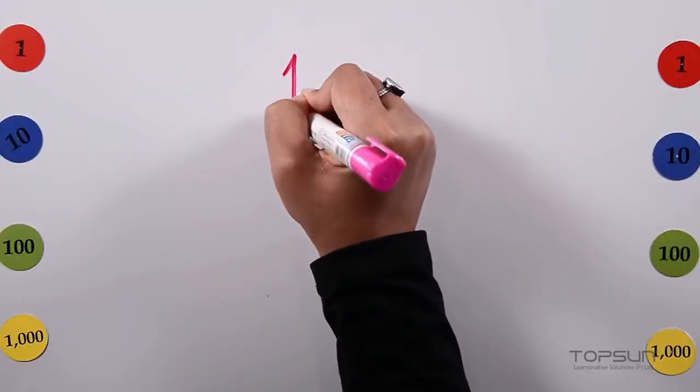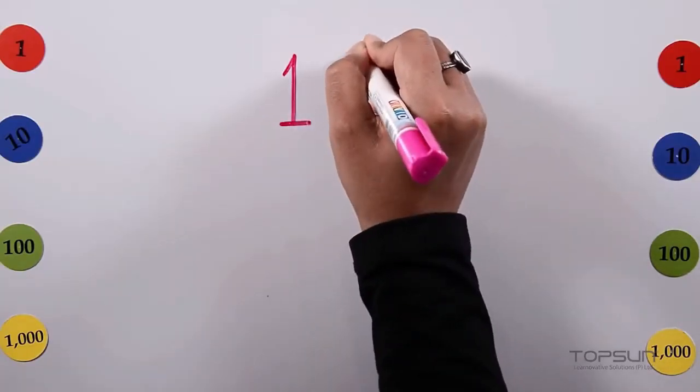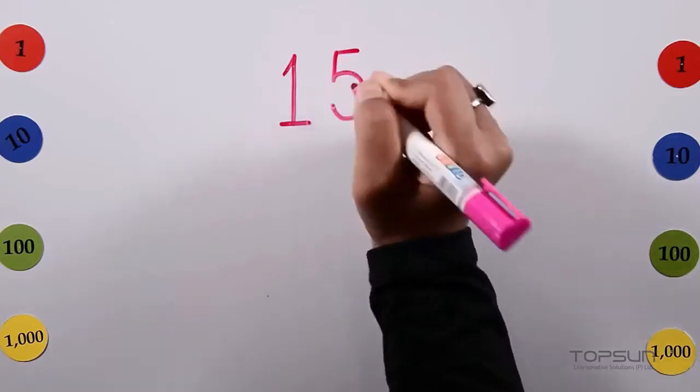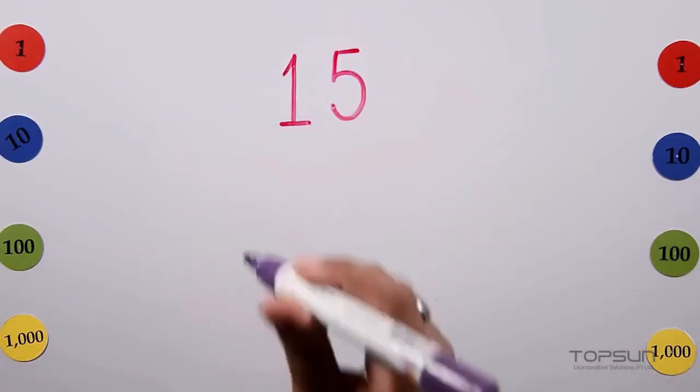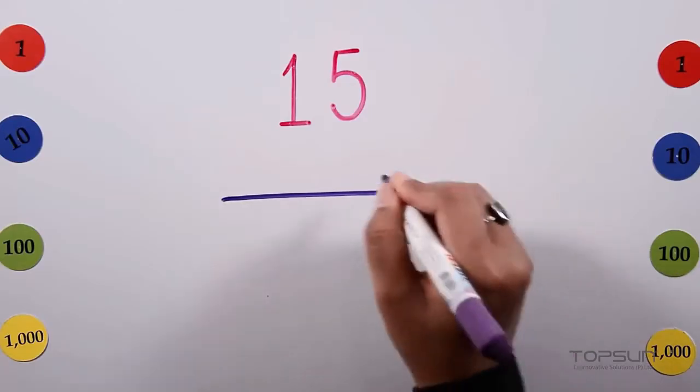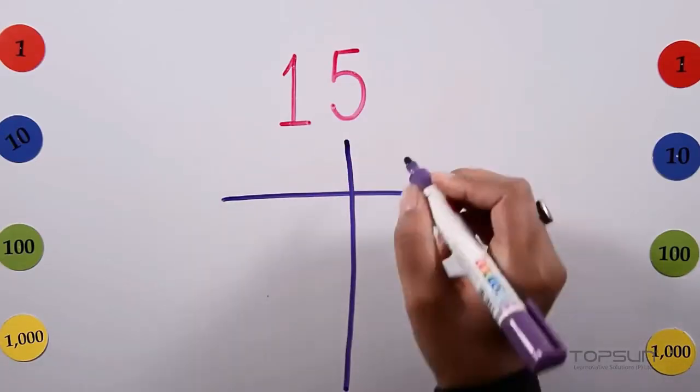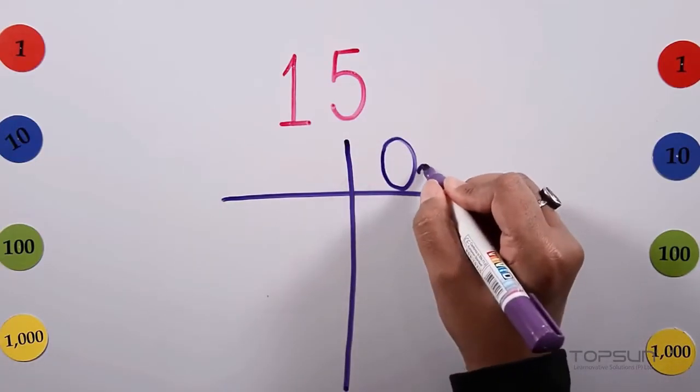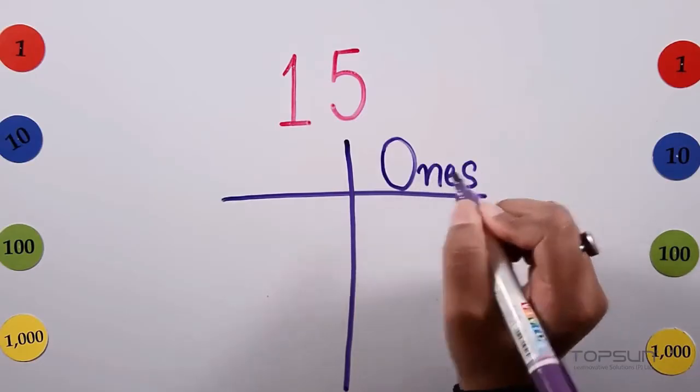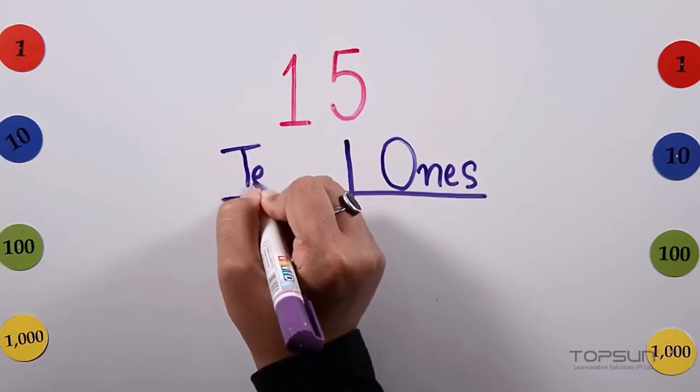Let's suppose we start with the number 15. Now we make a place value table here and write ones in the first column and tens in the second.